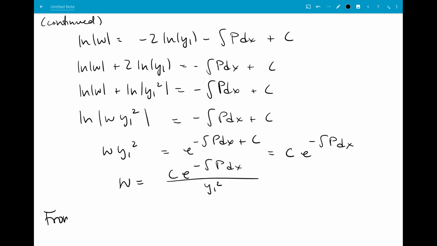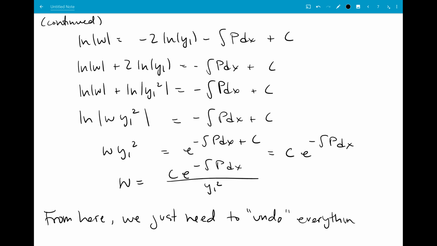And then from here, all we're going to do is undo everything that led to this step, and take us back to actually looking at solutions y2 to our differential equation.